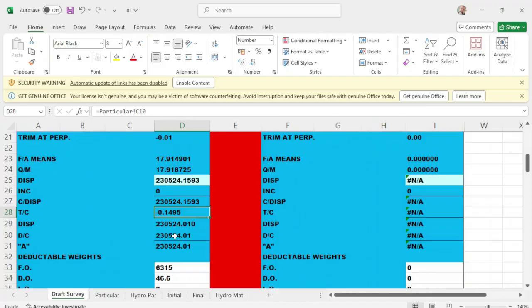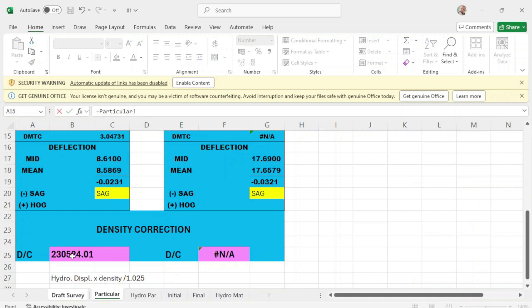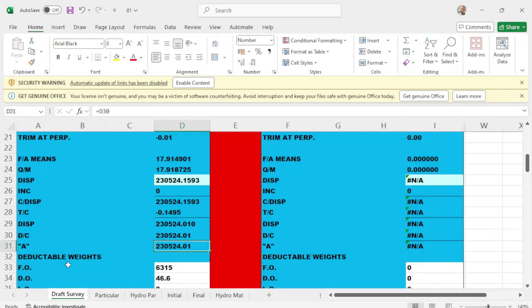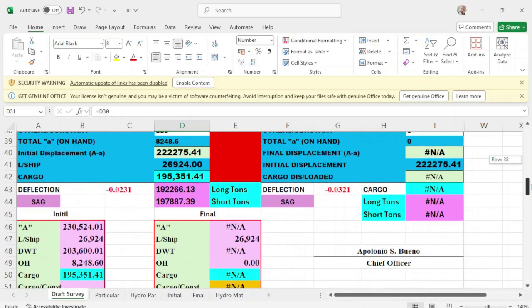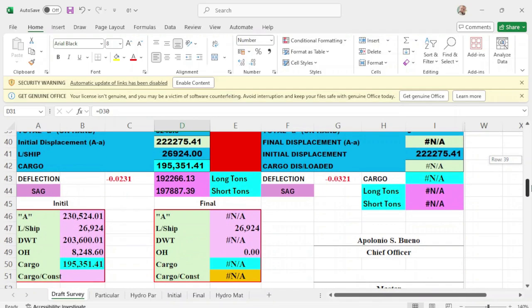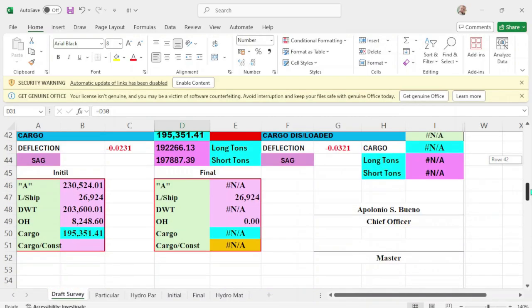You press enter, then you go to your density correction, click this one, and he will go there. Okay, and this will be your A, and your cargo is 195351.1.